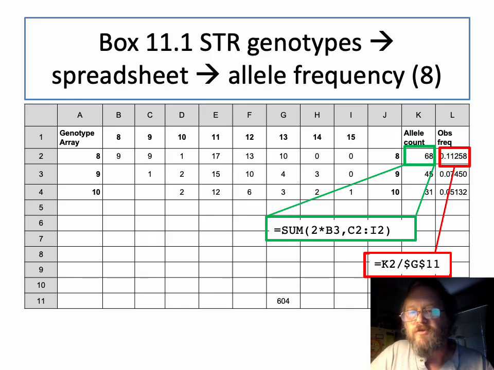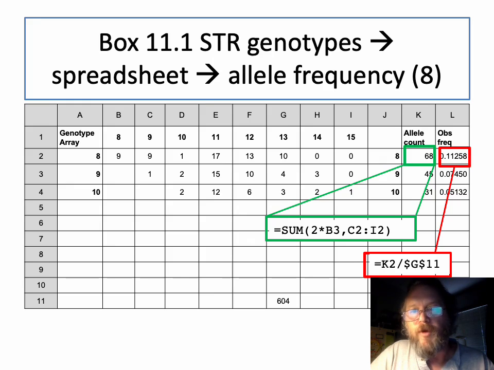And then I hit enter, and boom, the spreadsheet does the addition for me. Let's get the allele frequency. So this is K2, so we just type in L2 equals K2 divided by G11. In your case, probably you'd set the 604 to be on K11.